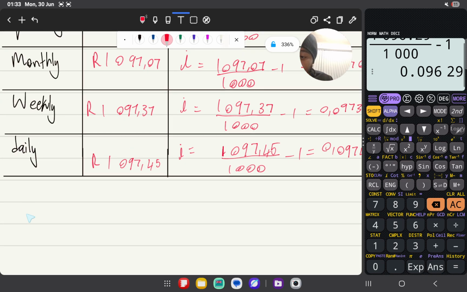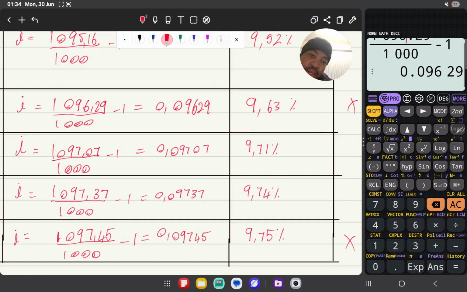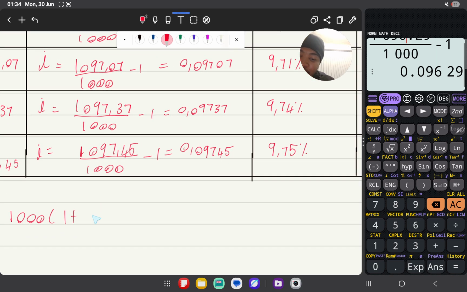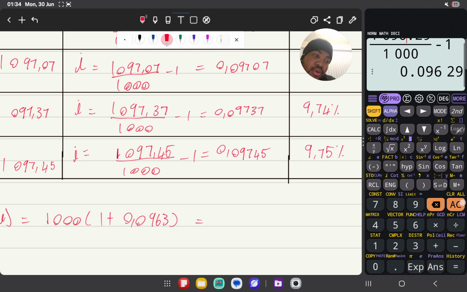Remember, now it's in the form of simple interest. You have P times 1 plus I. P is 1000, 1 plus, we have selected 9.63%, which is 0.0963.